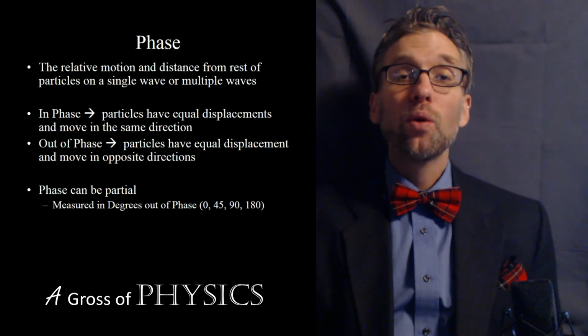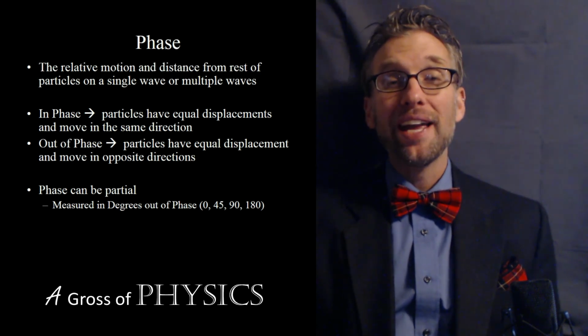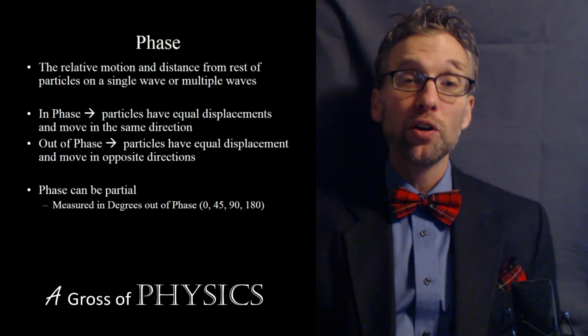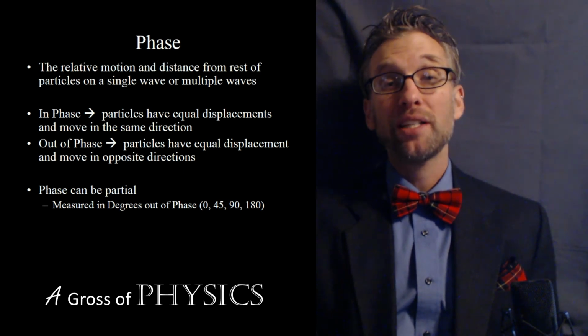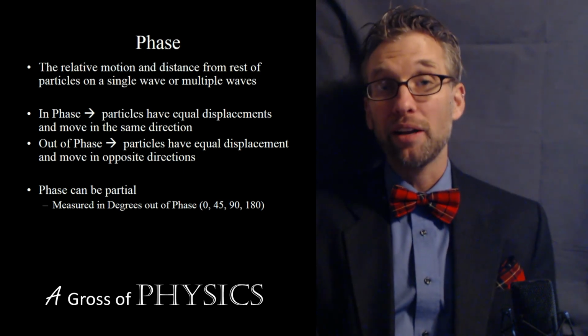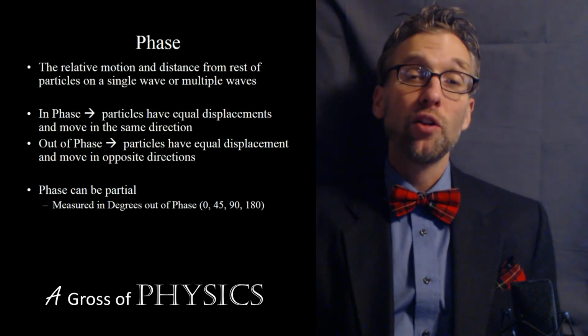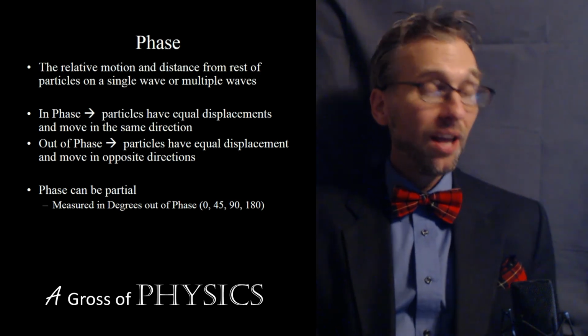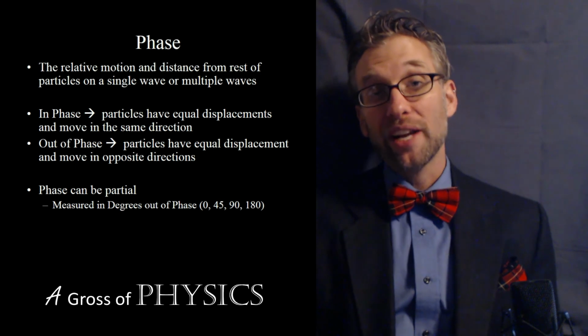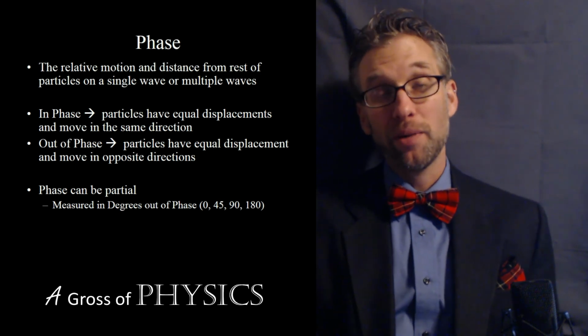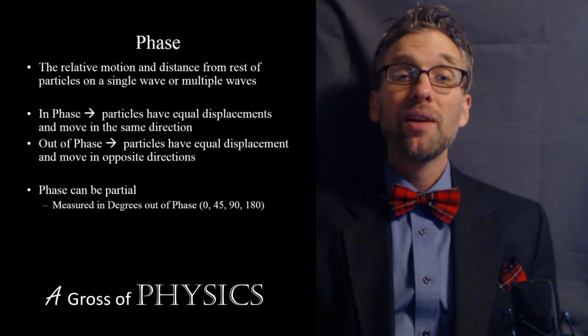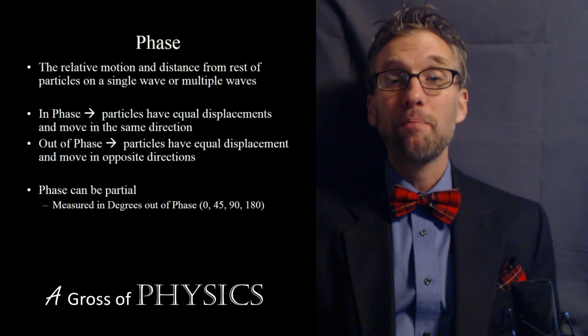For now, what's important is that you know that phase is how the wave particles are vibrating with respect to either other particles on the wave or with respect to other particles on another wave. If particles are in phase, or an entire wave can be in phase with another wave, that means they are moving in the same pattern.